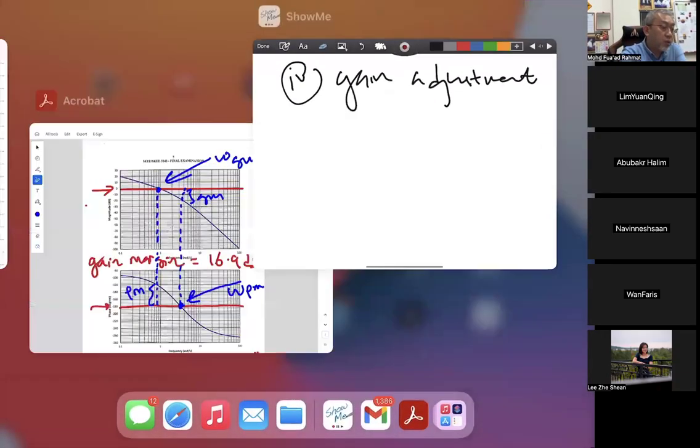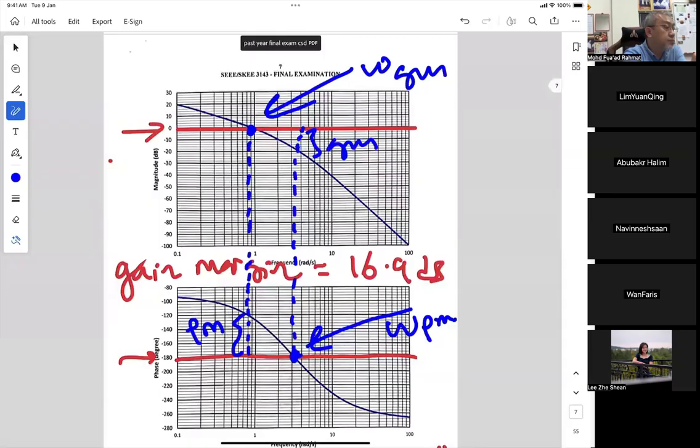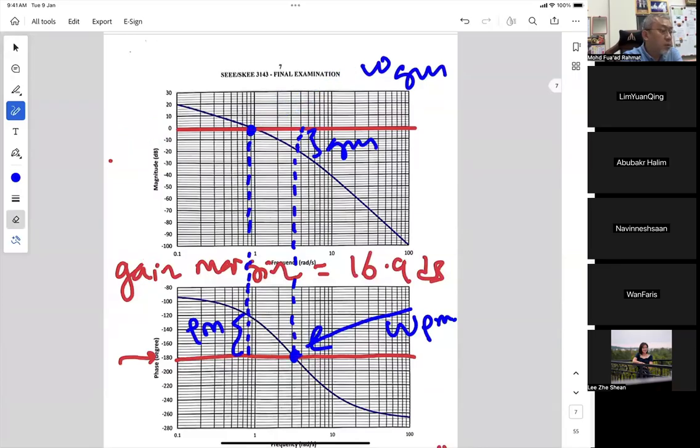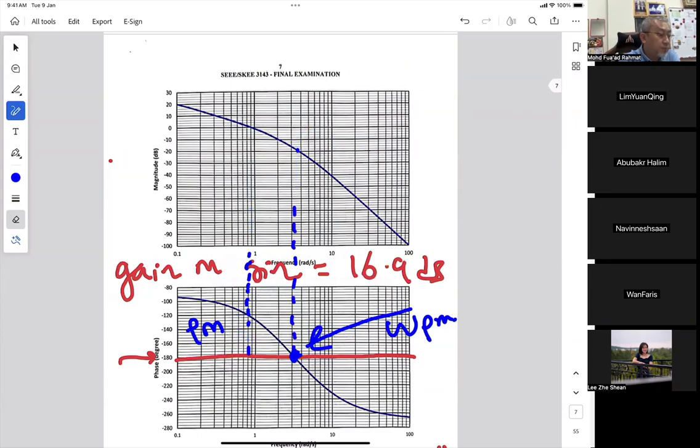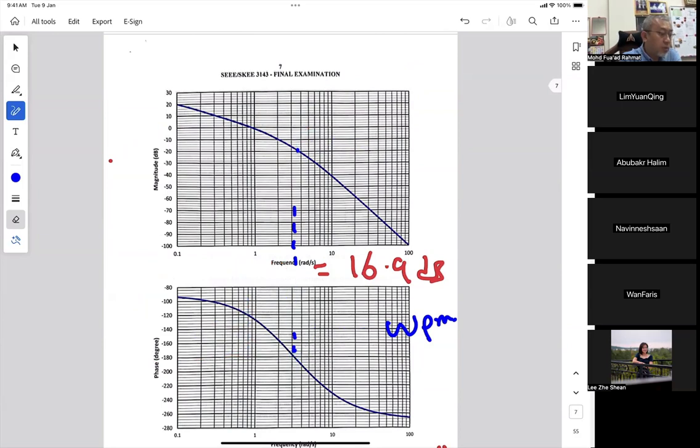So we go to the graph here. Abu Bakar, what is the omega phase margin? Omega, yeah, the old one, the one that I asked you to measure.